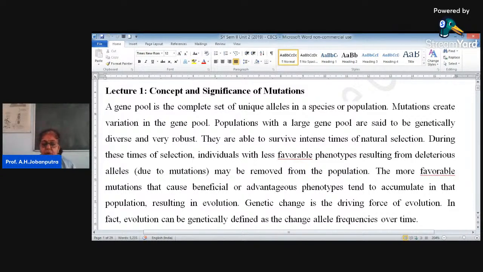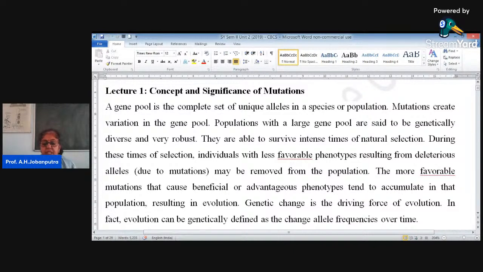They may be involved in the synthesis of proteins or enzymes. If there are certain defects in the genes, or if there are some changes in the gene, they will affect the phenotypic character of that living organism.